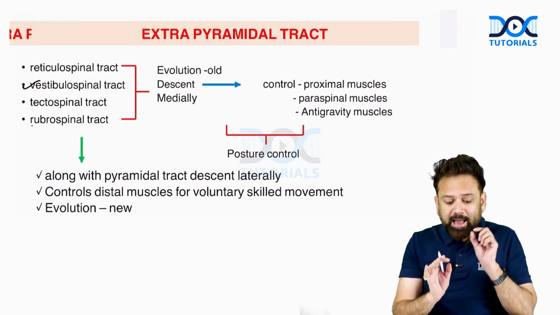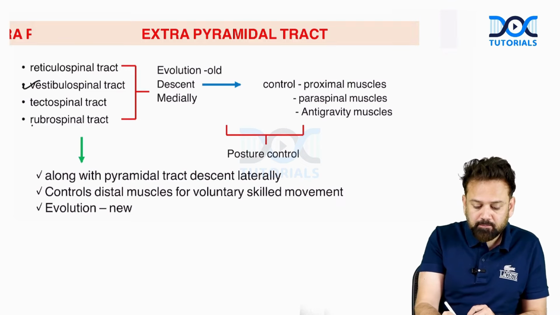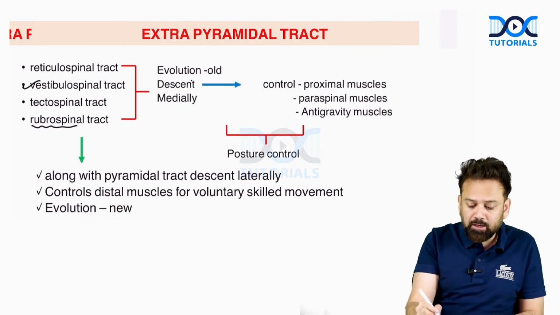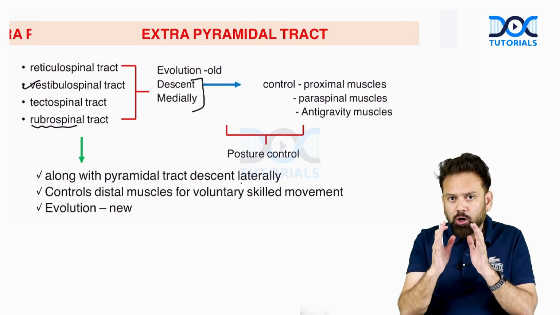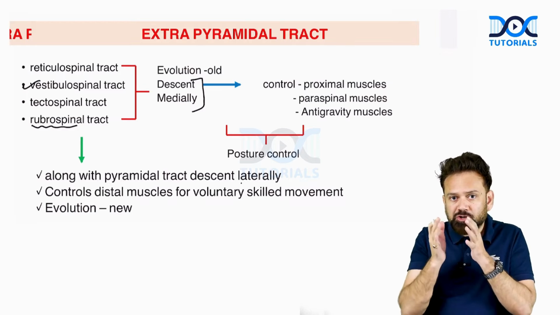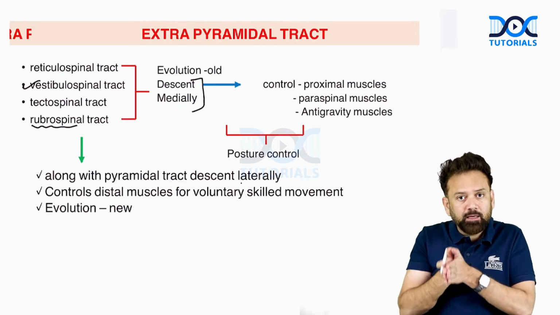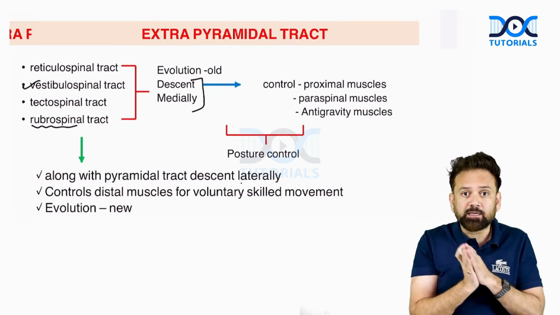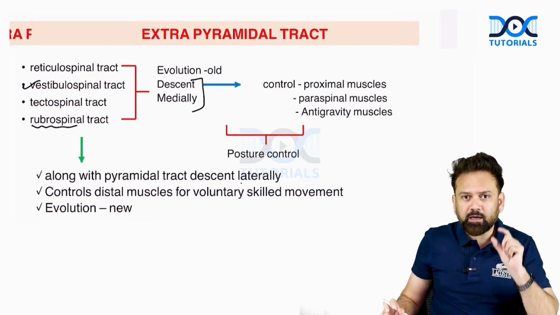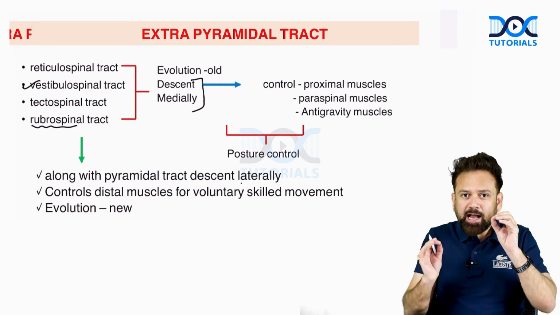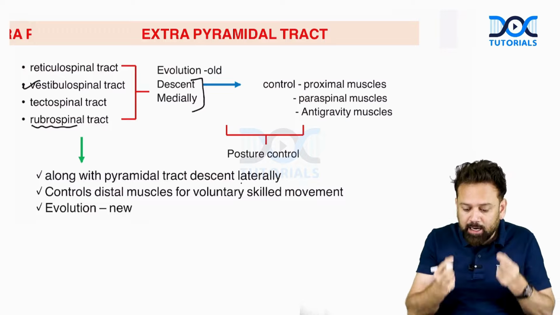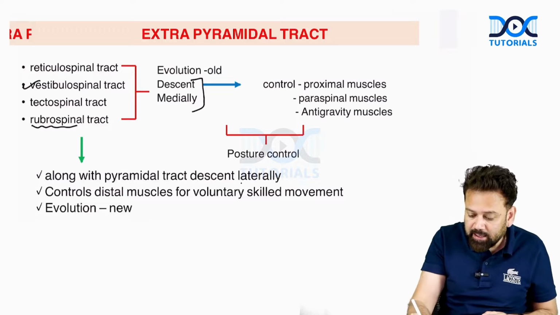Let us discuss except rubrospinal. The rest all will descend medially. It is a law: normally extrapyramidal tracts descend medially, and pyramidal tracts descend laterally. But rubrospinal tract, coming from red nucleus, is actually extrapyramidal, but it descends along with the pyramidal tract laterally.